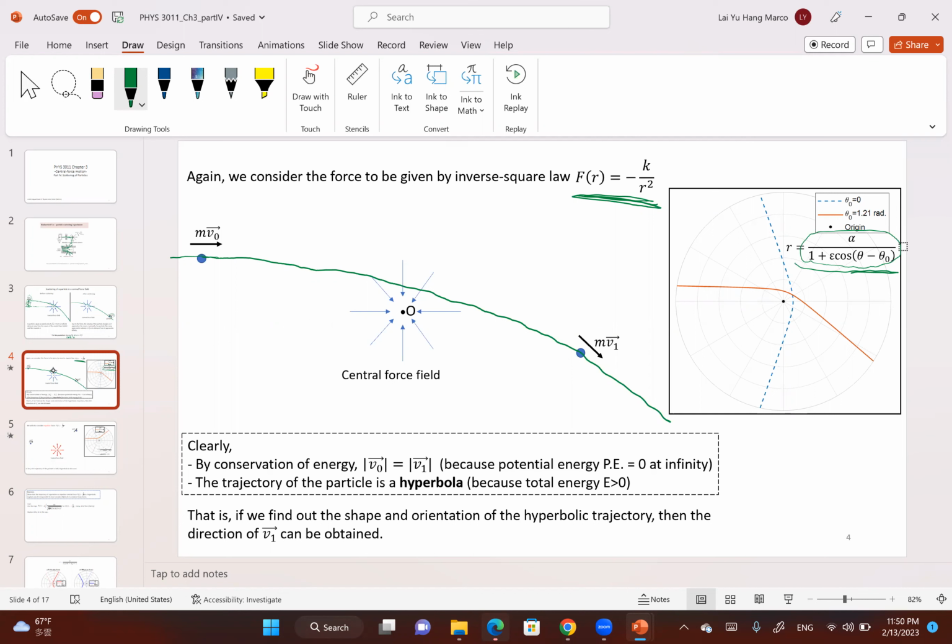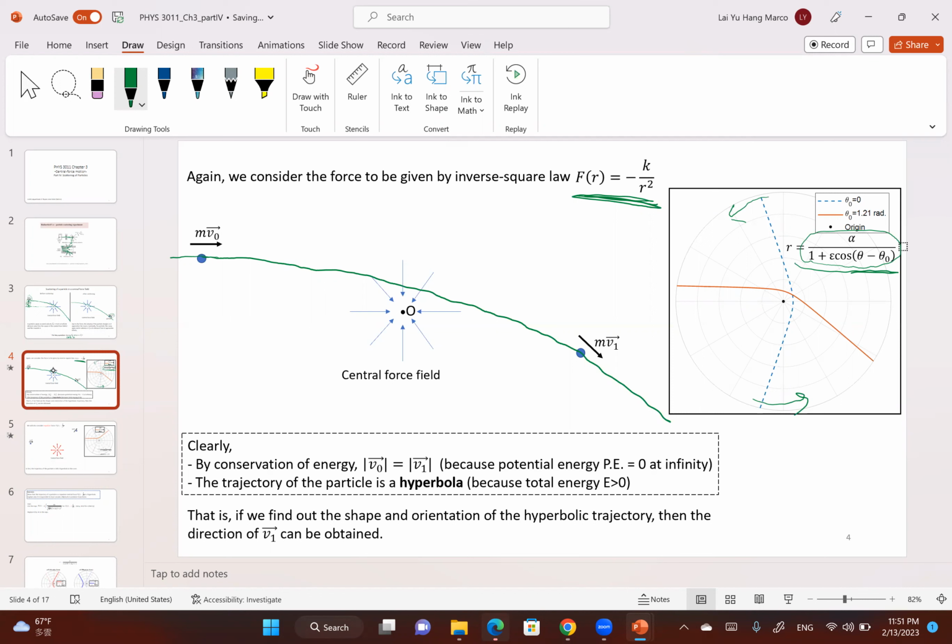This red curve and this blue dash curve have the exact same shape, but the red one is rotated. That is, if you rotate the blue dash curve about the origin point by theta naught, in this case 1.21 radians, then you will get to this red curve. Just imagine that you're doing something like this for this blue curve, then you will get to the red curve.